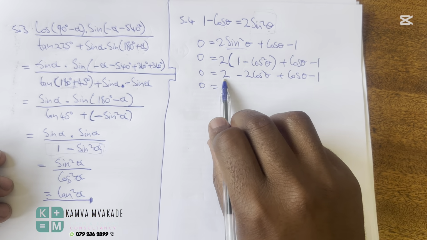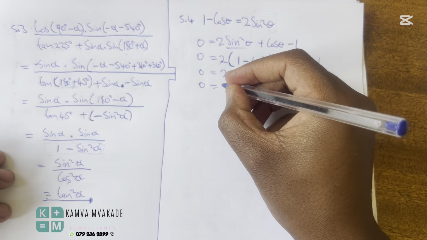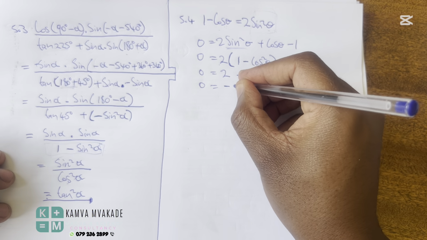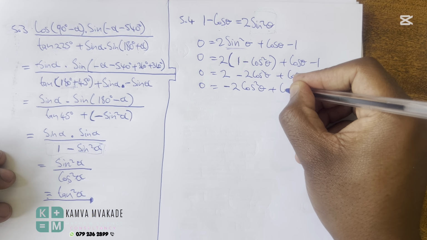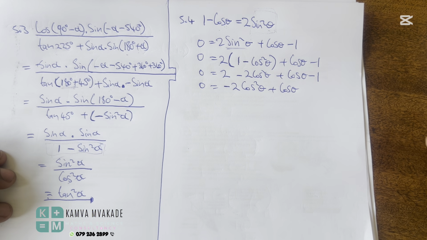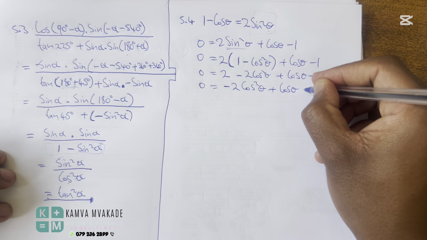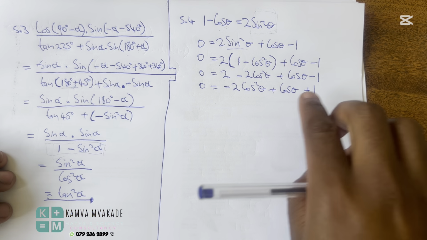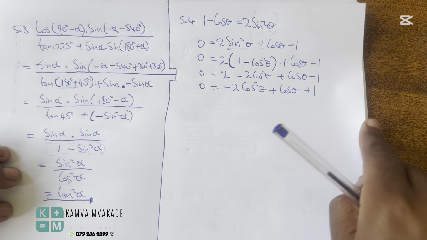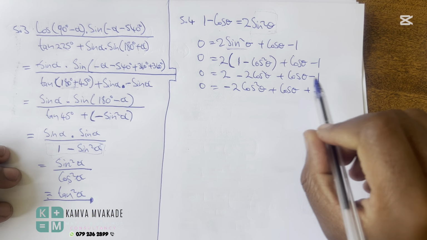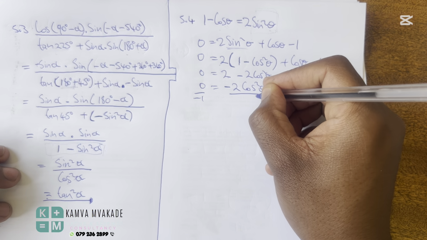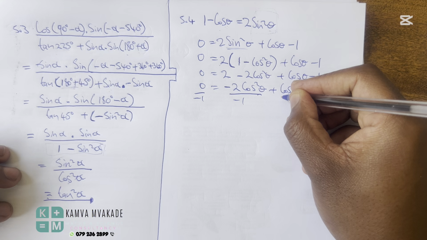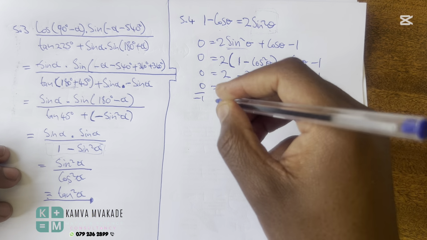So 2 minus 1 is going to be 1. Writing this in standard form, negative 2 cos squared theta plus cos theta plus 1. And then what we can do is multiply throughout by negative 1, or divide throughout by negative 1.